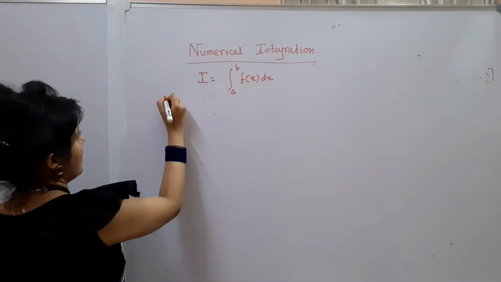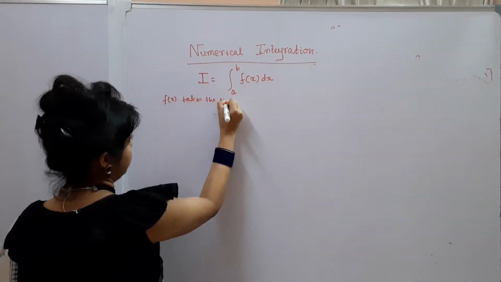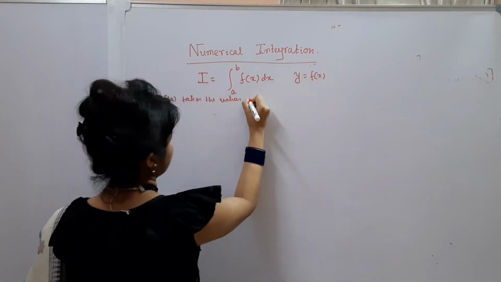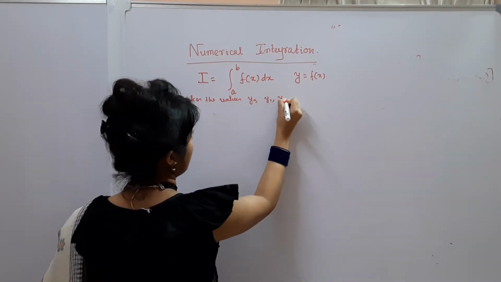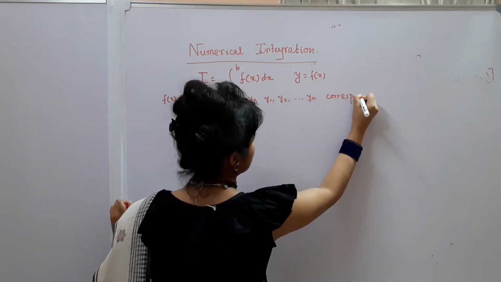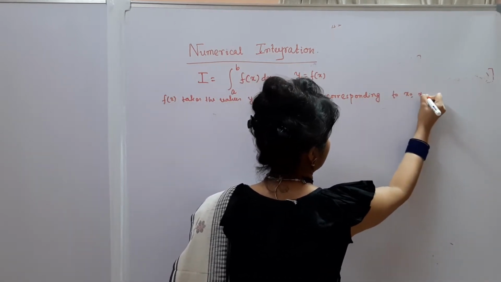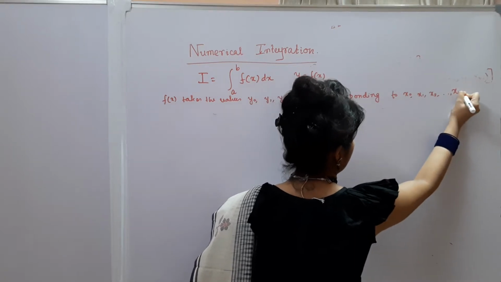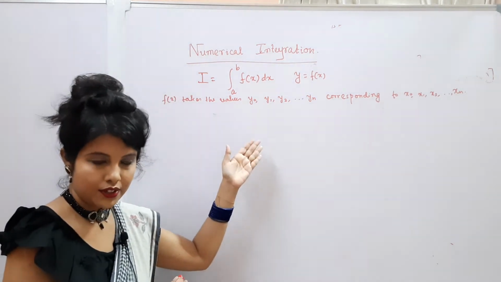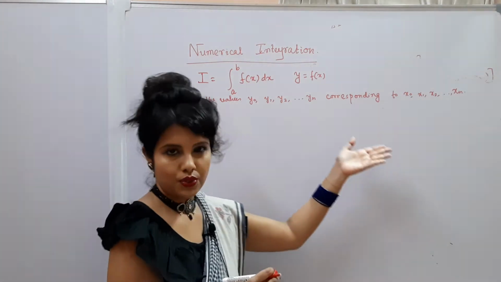Now f of x, so actually y is equal to f of x, okay, takes the values y0, y1, y2 up to yn corresponding to x0, x1, x2 up to xn, okay. So actually for x0 it will take y0, for x1 the y will take y1 and so on, okay.